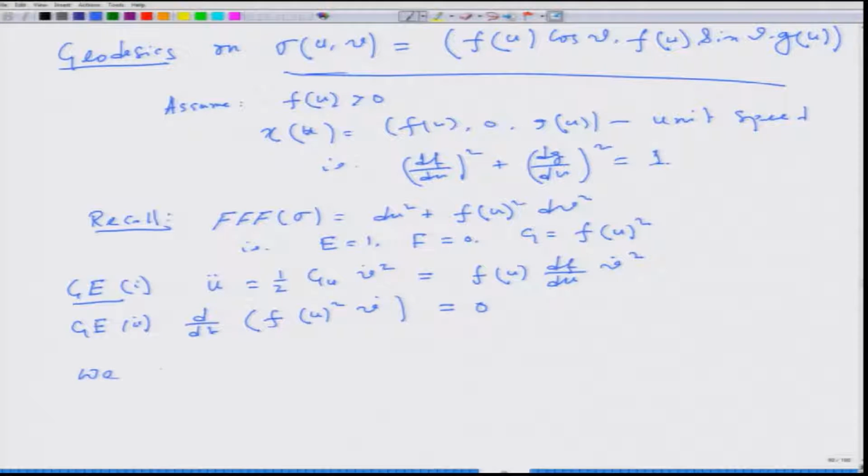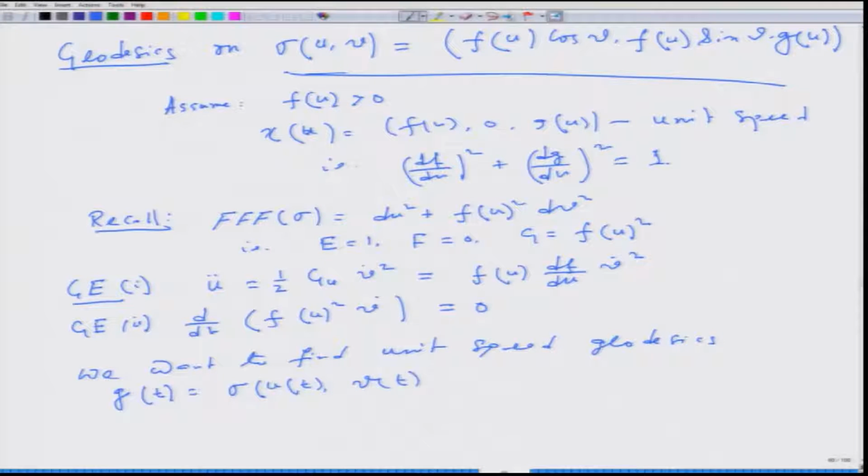So, we want to find unit speed geodesics. Let gamma be such a unit speed geodesic.